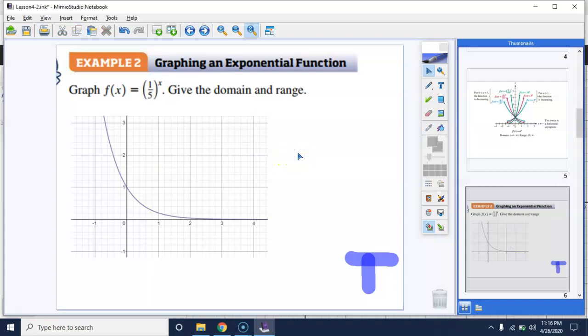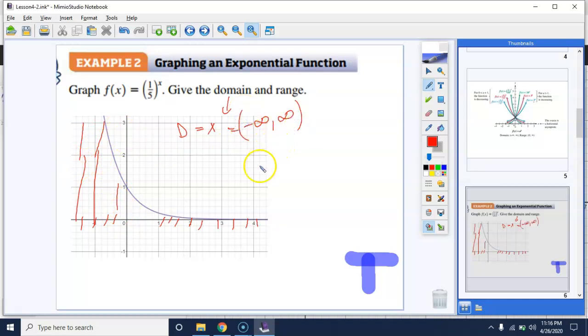And domain and range. So domain should be what? Domain was my x numbers, right? As you see, those positive numbers will hit my graph. Also those negative numbers will hit the graph as well. So it's going to be all real numbers, negative infinity to positive infinity.